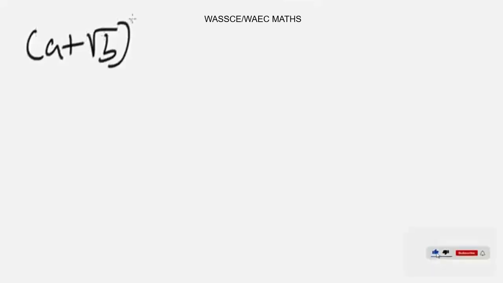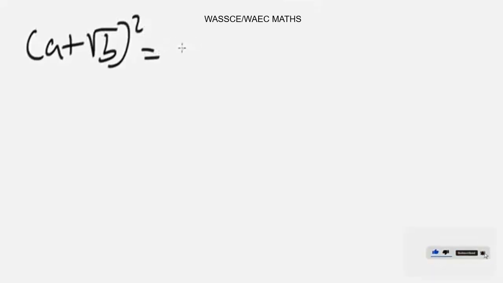Okay, now for the fourth rule, this one is a bit tricky, but I'm going to simplify it or break it down. Now when you have something like this, we have a bracket A plus square root of B, squared.